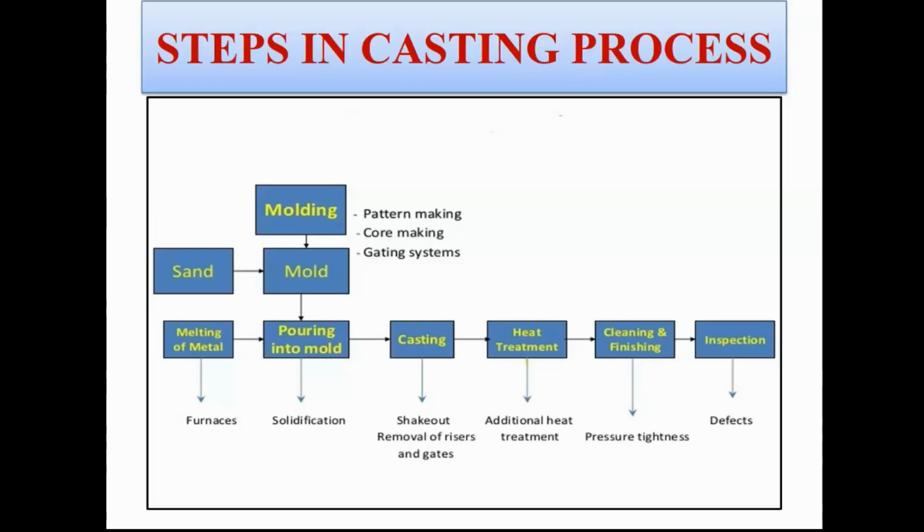It may be due to a large amount of moisture contained in the sand mold, or if you are not taking care of proper shielding of the casting process, or if there is some error while pouring, or if your riser or runner is not properly designed, or if your mold cavity is not of sufficient strength. Different types of defects like blowholes and porosity can also arise. Such defects can be identified in the inspection stage.